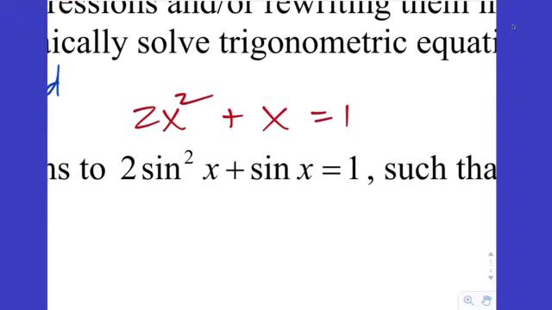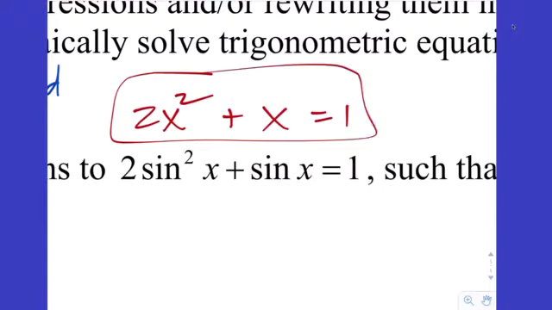It's a quadratic equation, but it's in terms of sine of x instead of x. So you can use really the same techniques. What would you do if it were 2x squared plus x equals 1? If this were what you were having to solve, what would you do? You would set it equal to 0, right? When you have a squared term, a non-squared term, and a constant, your goal is to set it equal to 0 so that you could what? Factor it. Good.